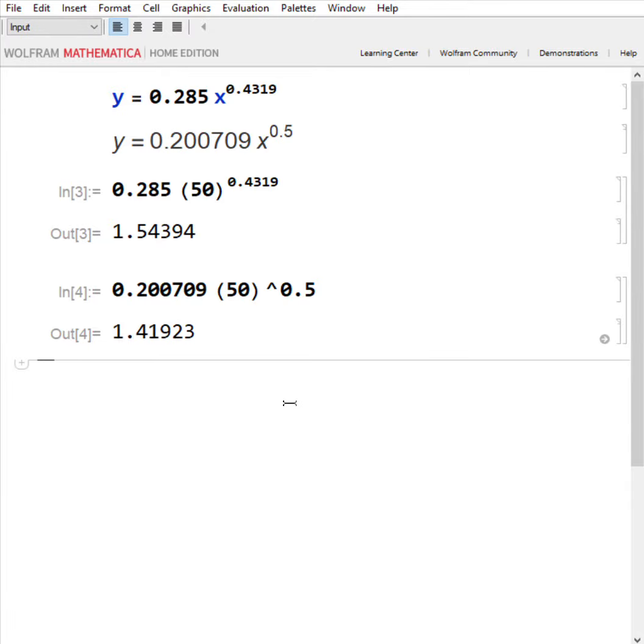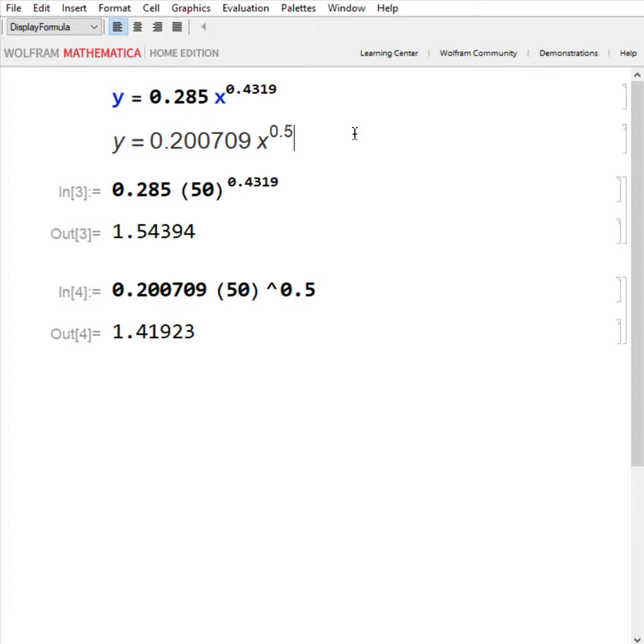Neat. And then the other question was, what is the length of a pendulum whose period is 5 seconds? That's just taking these equations and inverting them, solving for x, and replacing y with 5 for 5 seconds.